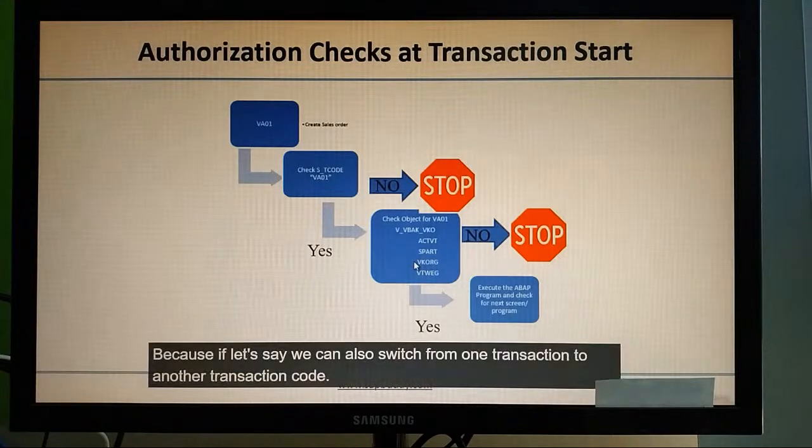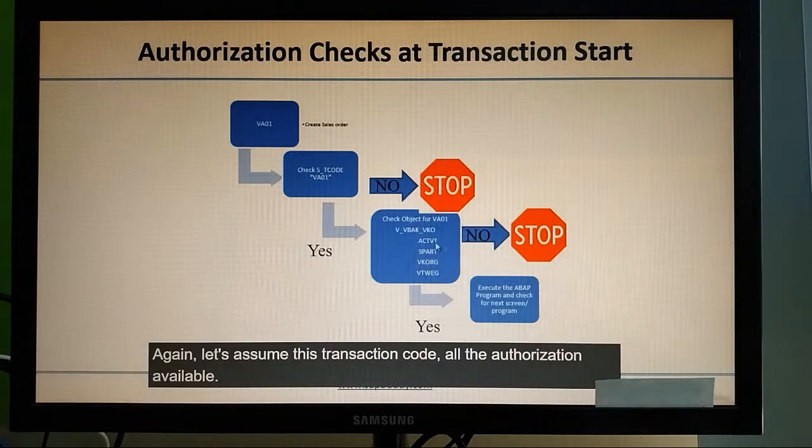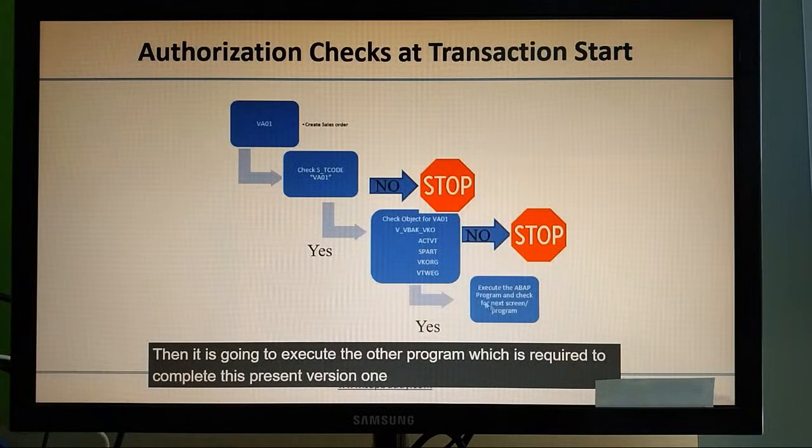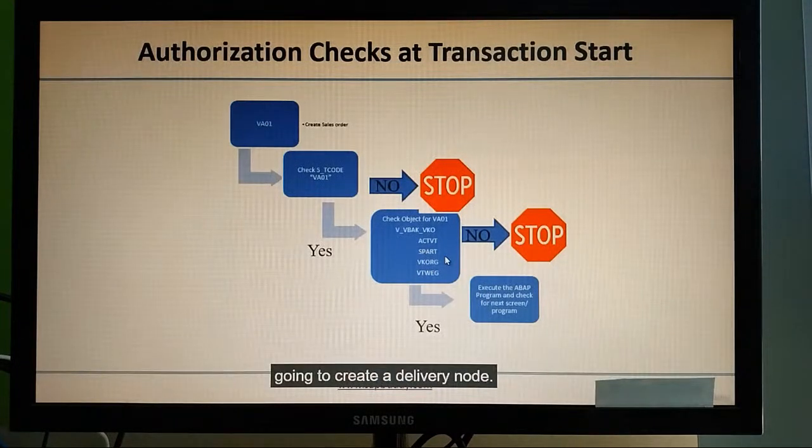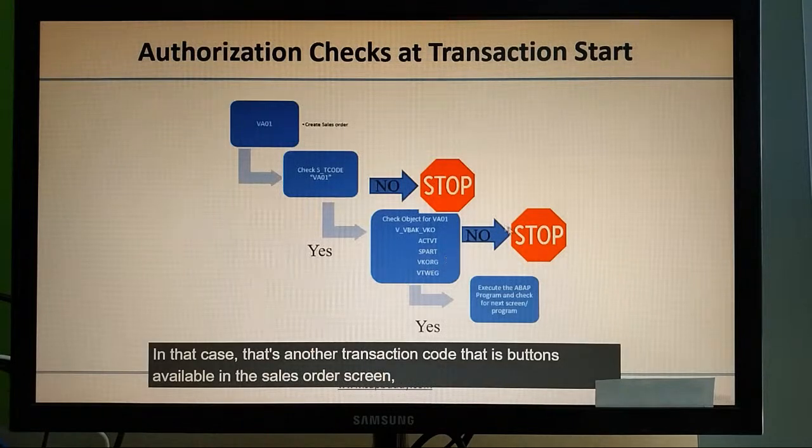Why? Because we can also switch from one transaction to another transaction code, and we'll come to that again. Let's assume all the authorizations are available for this transaction code, then it will execute the program which is required to complete this VA01 transaction. If we are switching from VA01 to another transaction, for example creating a delivery note, that's another transaction code.